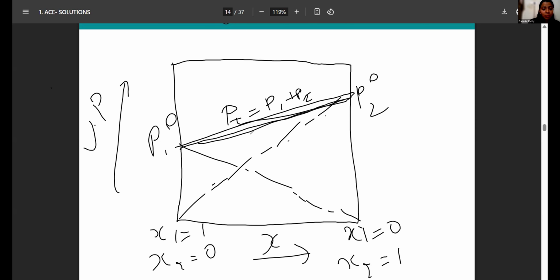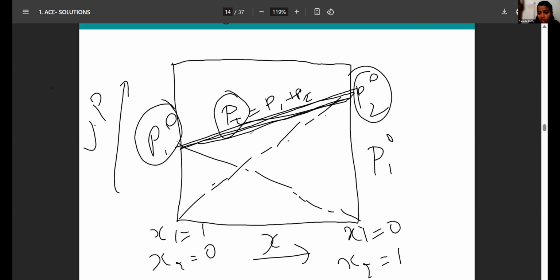Then you have P1 naught and P2 naught. What do these represent? P1 naught is the minimum value of P total, as it is below. This above value, which is P2 naught, is the maximum value of P total. So how do you tell it overall?